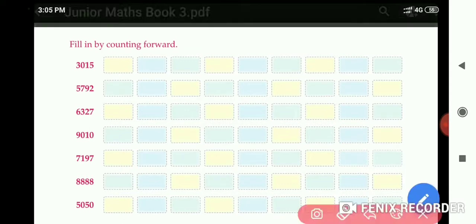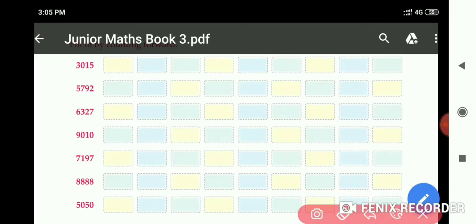Now fill in by counting forward. You have to write down the counting, what comes after the number. 3015, 3016, 3017, 3018, 3019, 3020, 3021, 3022, 3023 and 3024.